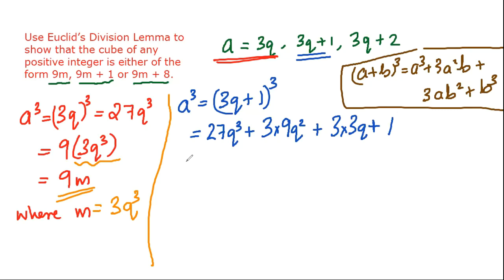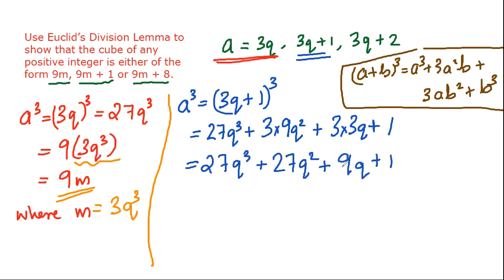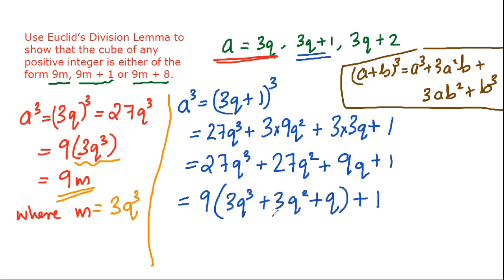Then I am simplifying these terms. I will get 27q cube plus 27q square plus 9q plus 1. Here from all these terms I can take 9 outside. I will get 9 times 3q cube plus 3q square plus q, plus 1.